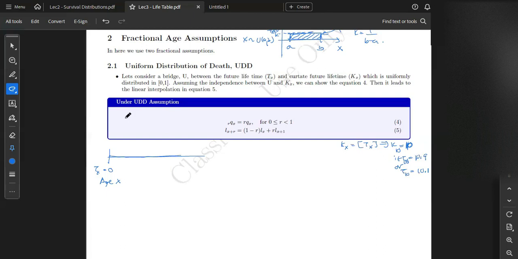So that's the same idea we use here. After X years, let's use T here. So from 0 to T years, and then after 1 year, T plus 1. So the age is X plus T, and here X plus T plus 1.